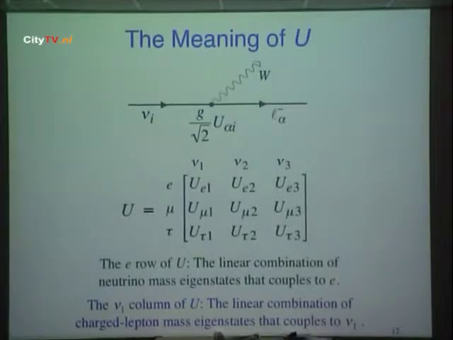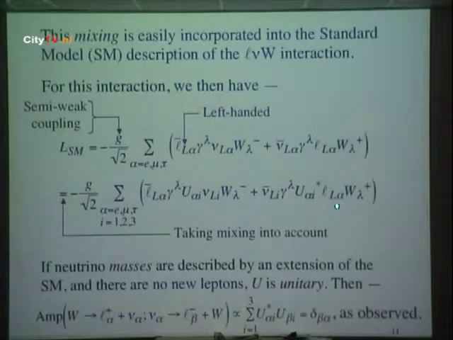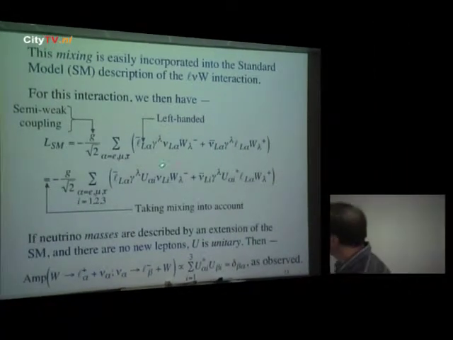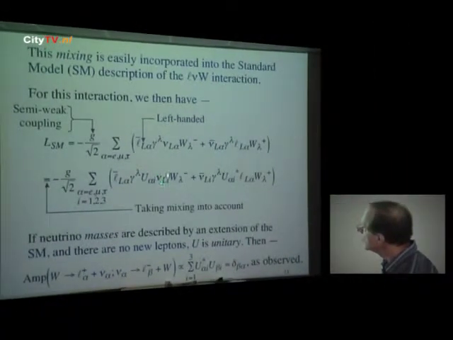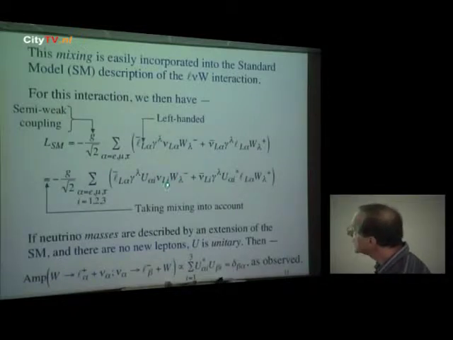What is the basic meaning of the mixing matrix? Going back to the Lagrangian and looking in particular at this term, apart from this overall factor, the mixing matrix element U alpha I is nothing but the amplitude that when an incoming neutrino emits or absorbs a W boson, and it is nu I, it makes the charged lepton L alpha.